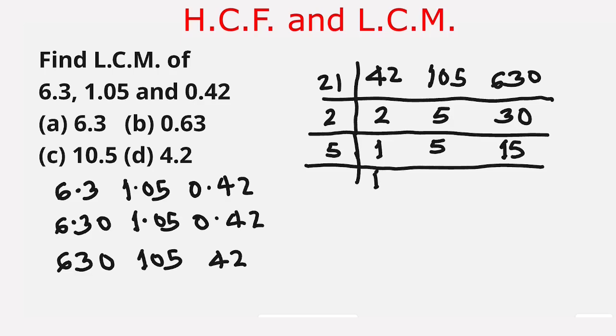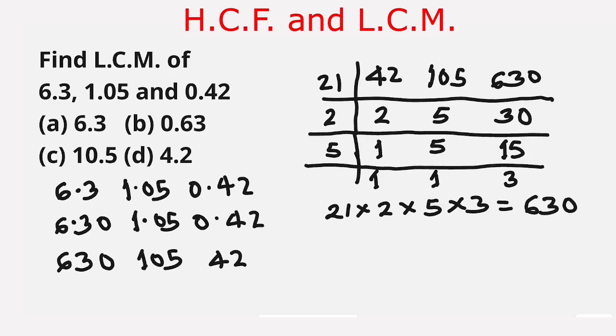We carry 1 as it is. 5 divides 5 for 1 time and 5 divides 15 for 3 times. Now our LCM of 42, 105 and 630 is 21 multiplied by 2 multiplied by 5 multiplied by 3. 5 times 2 is 10. 10 times 3 is 30 and 21 times 30 is 630.